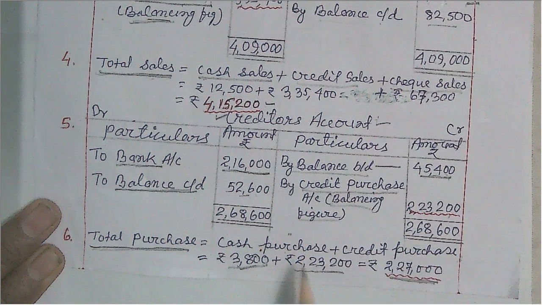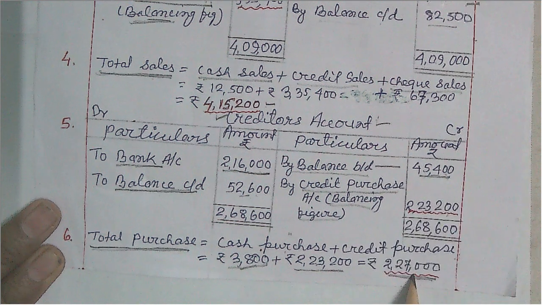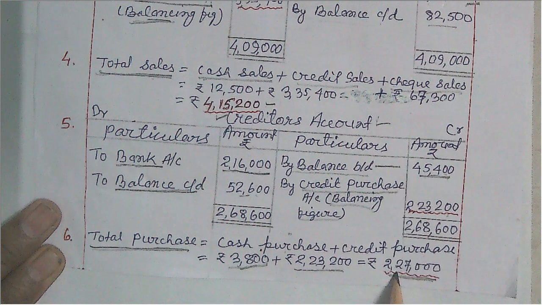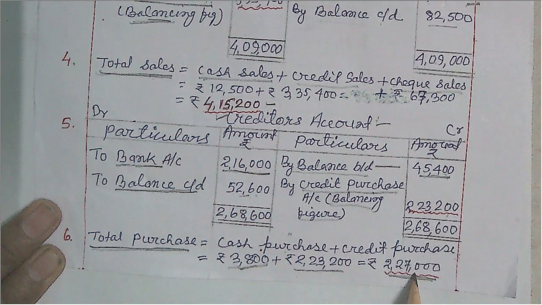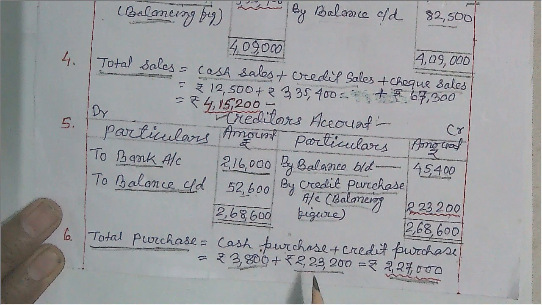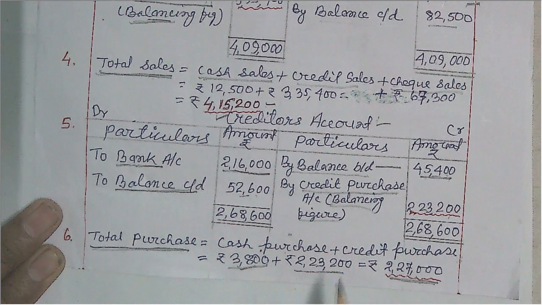So the total purchase is 2,27,000. This amount appears on the debit side of the trading account, total purchase 2,27,000.